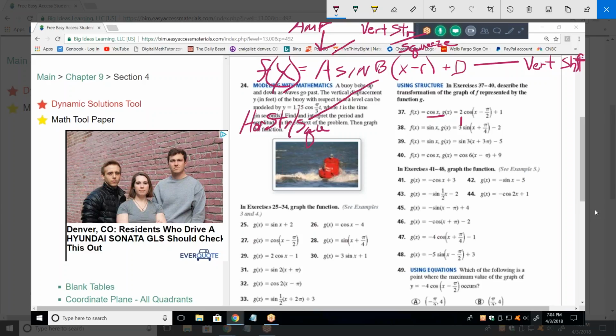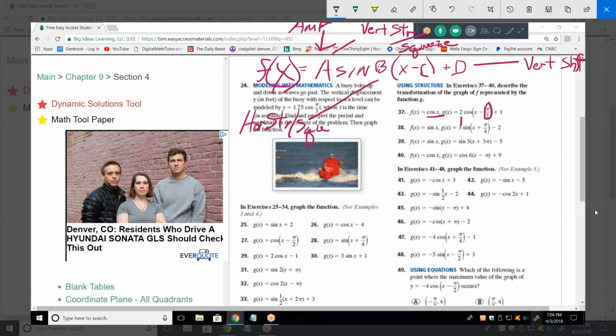What does the minus pi over 2 do? Oh, that's the horizontal shift. Left? Actually, to the right. Remember what the standard is.